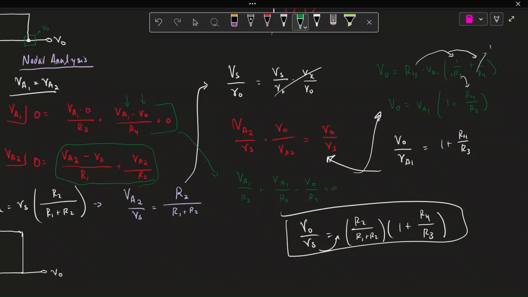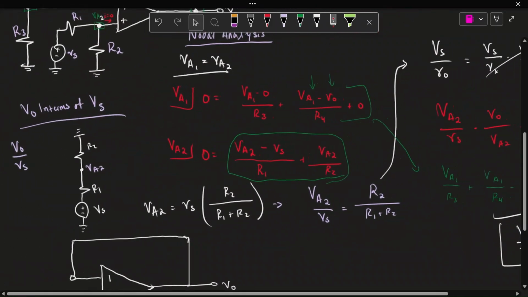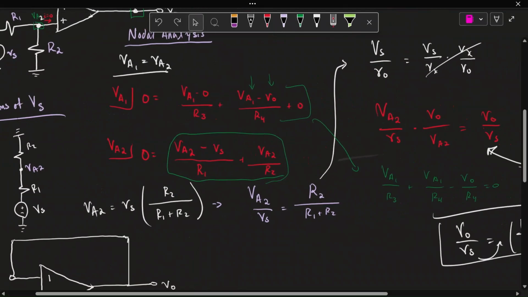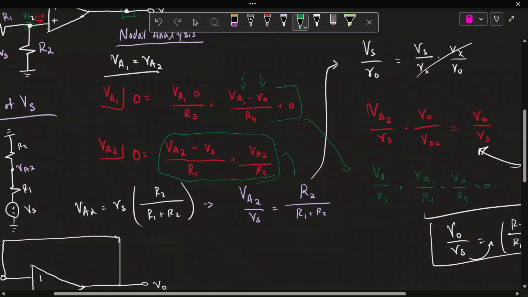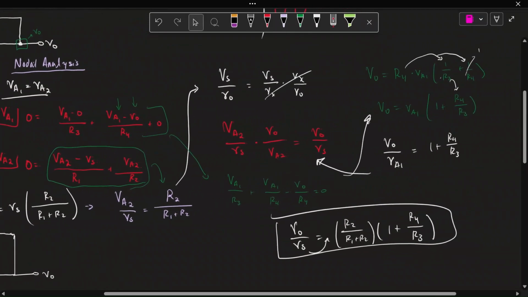But that would be Vs in terms of VA2, not VA2 in terms of Vs. I guess you could just take the inverse. It would work out too. But as you can see, we didn't have to do this weird voltage divider. We could have just gone straight from VA2 to this. So either way works, and you would get the exact same answer.